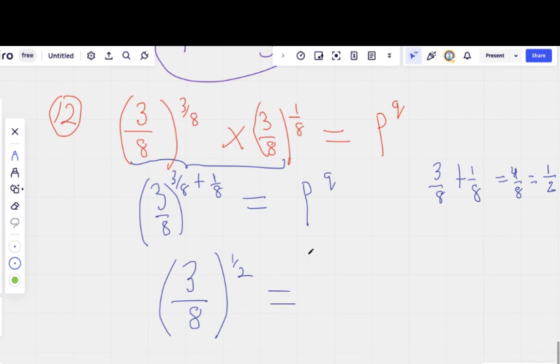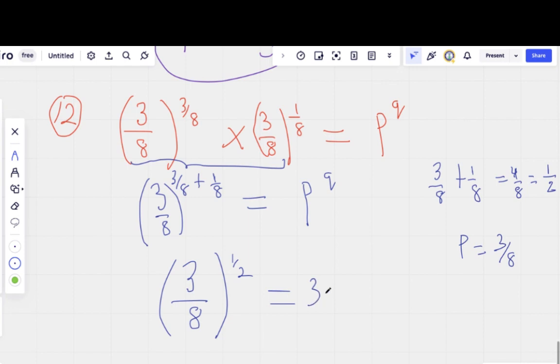Is equal to, this P will be equivalent to this base. They have to be equal in order for us to solve. So P will be automatically equivalent to these two bases. P will be equal to 3 over 8. Is that okay? So my P is equal to 3 over 8.